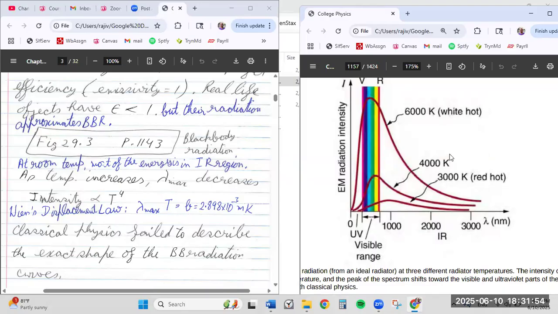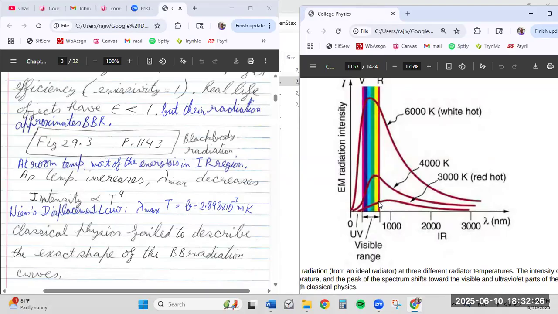Just a word about these specific temperatures. An object at 6000 Kelvin is said to be white hot because it emits all possible radiation. At 3000 Kelvin, objects are said to be red hot because they have a glow which is reddish in color. And that has to do with the location of the peak that you see there.